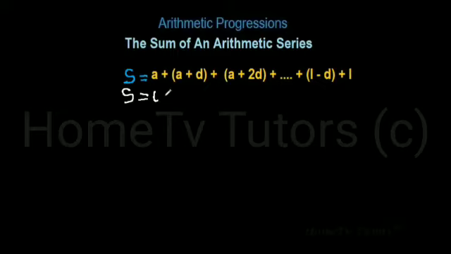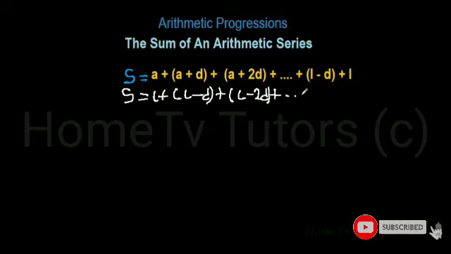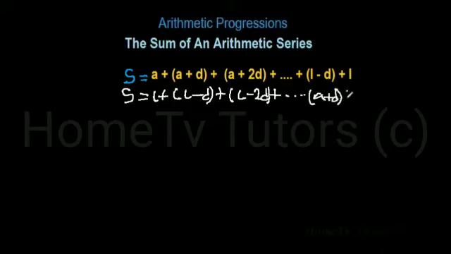So we have L plus bracket L minus D plus bracket L, that is the third to the last term, minus 2D.